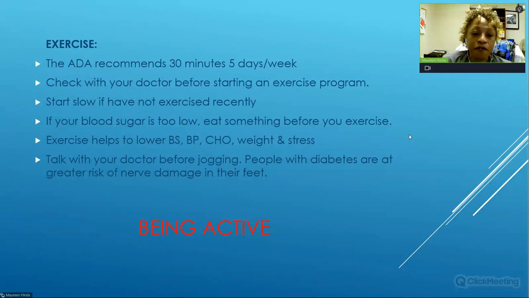Maybe start off with 15 minutes 3 times a week, then progress to 15 minutes 5 days a week, and then slowly work your way up to the recommended timing. Very important for those people who have not exercised.